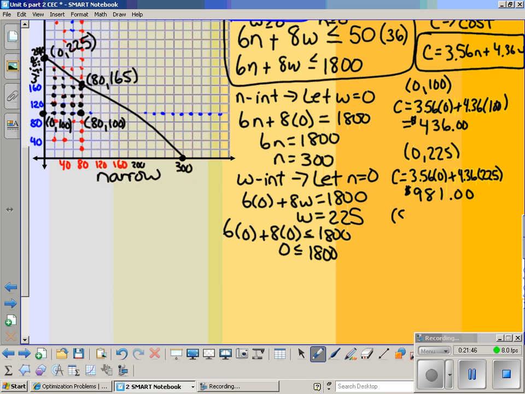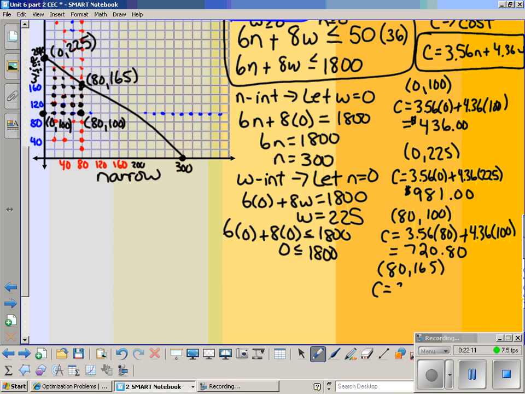Now I can try my corner that is at 80 and 100, and I'm going to get a cost of $3.56 times 80 plus $4.36 times 100, and I will get a value of $720.80. And then I'm going to check my last one at 80 and 165.